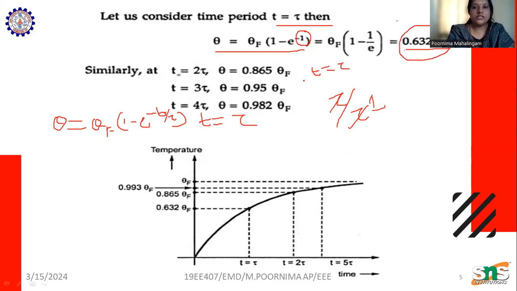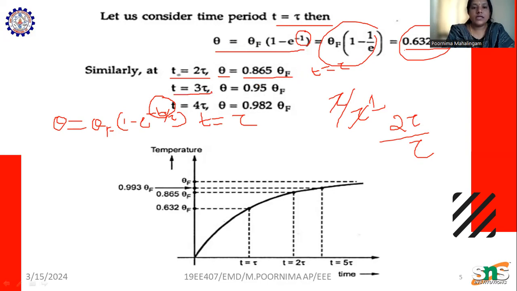Similarly, we consider t equal to 2 tau. Applying 2 tau divided by tau, the temperature theta is equal to 0.865 theta f.